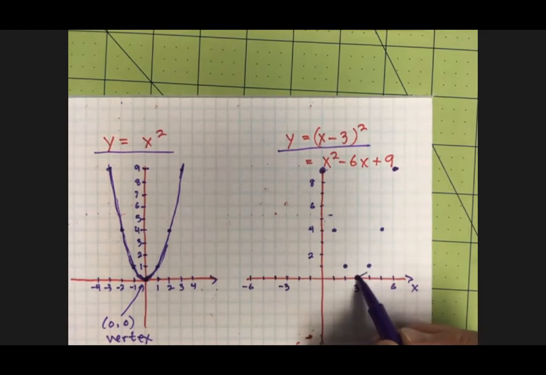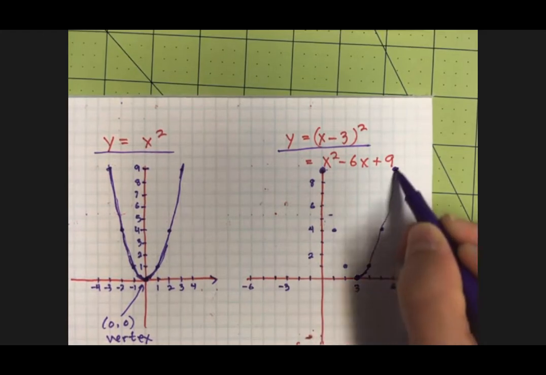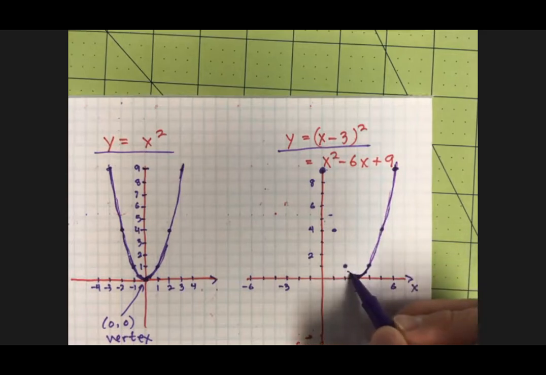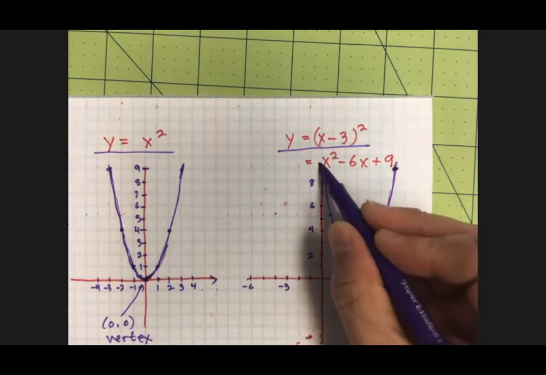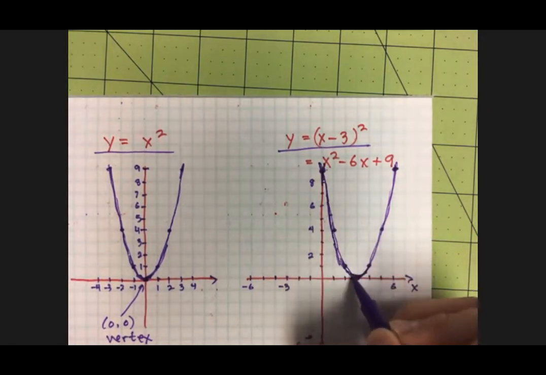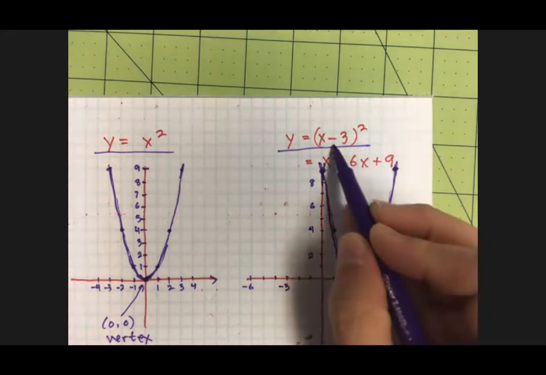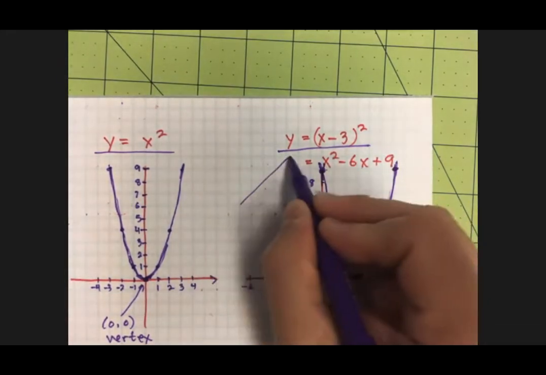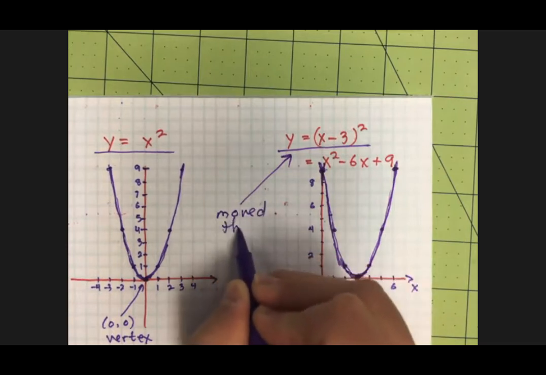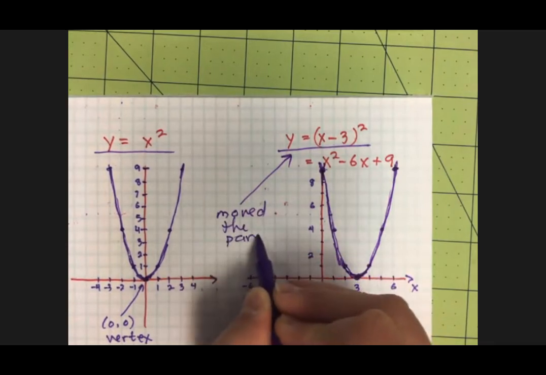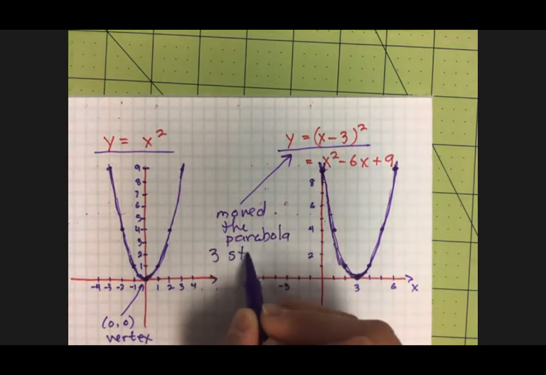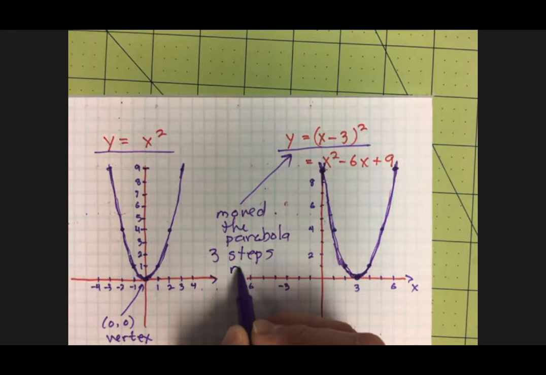So what happened to this parabola when I changed x squared into x minus 3 squared? I moved the parabola 3 steps right.